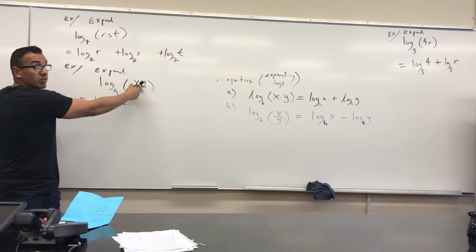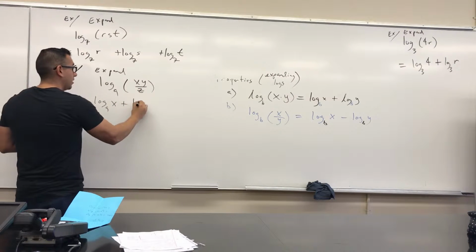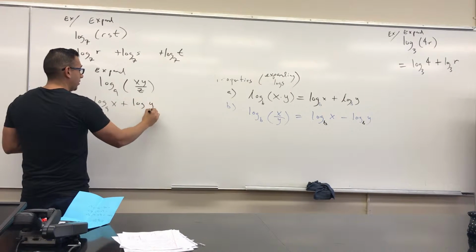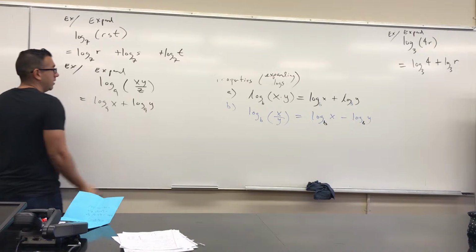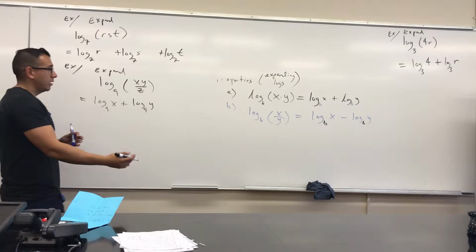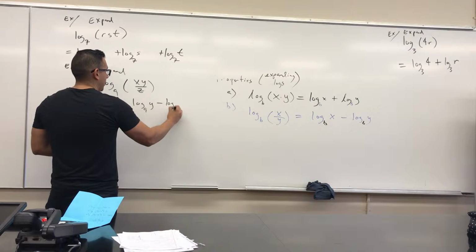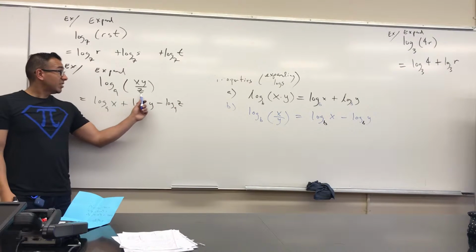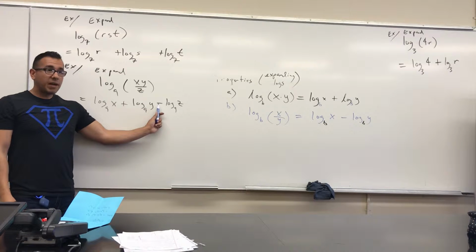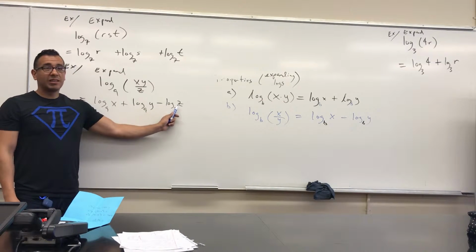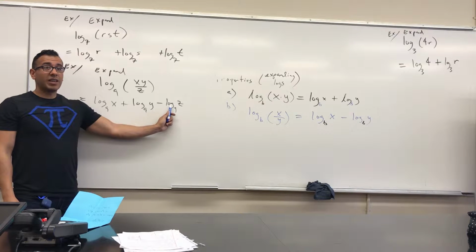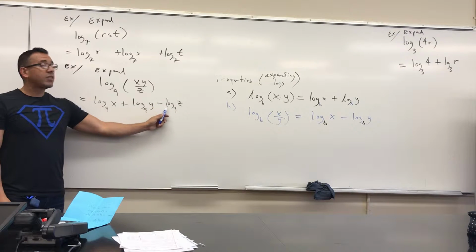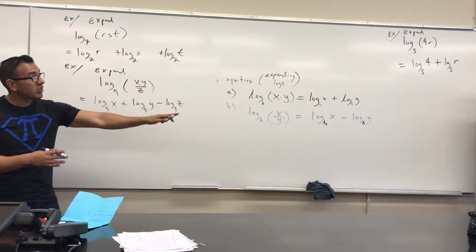Plus, because the next one's in the numerator, log base 9 of y, and the last piece is what? Minus. Log base 9 of z. So just make sure that's clear in your notes. Whatever is in the denominator has that minus sign in front, and the negative never goes in front of the argument. So that sign always stays in front of the log, because that's what the definition tells us.